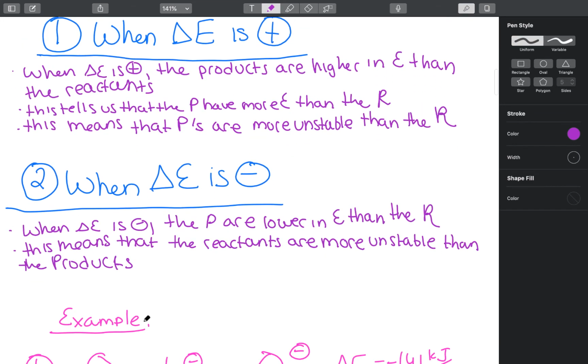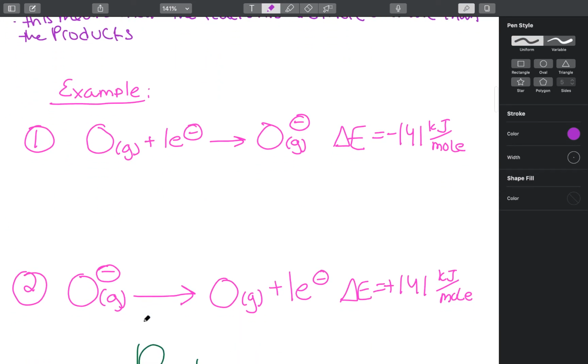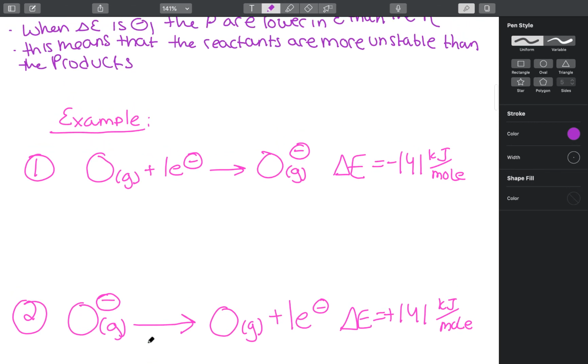So in order to understand this, I have an example. Here we have the process of adding and losing an electron on an oxygen atom. This number one shows us adding an electron to oxygen, forming the oxyanion, and it also shows us the change in energy associated with this process.